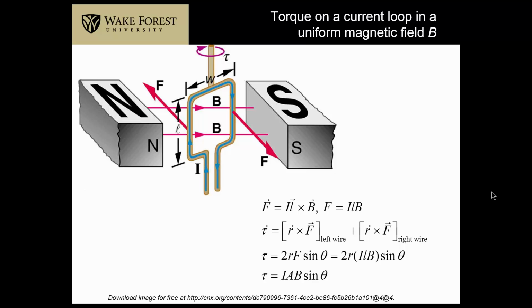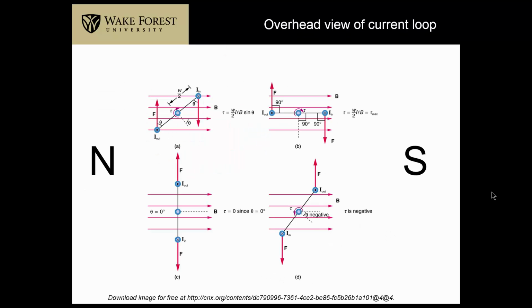Let's take an overhead view of this same current loop. That is, we're going to be looking right down from above at this axis of rotation. Got that image? Let's go to the next screen. Looking down from above, we're looking right down the axis shown in the center. What was our left wire is shown right here, and the current is coming toward us. Remember, we're overhead, so what was an upward current is now a current coming toward us.